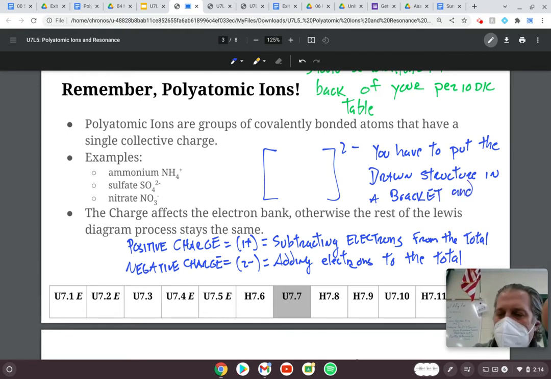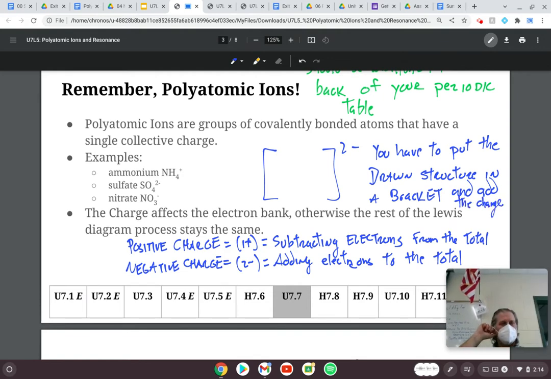So that's really the only new thing that you have to worry about when we talk about drawing polyatomic ions. Everything else is pretty much the same. We count up the number of valence electrons that are available. We draw the central atom. We single bond everything if we can. And then we add electrons until we've used them all, and everybody's got 8. And then we put them in brackets, and then we give the charge that's associated with that polyatomic ion.